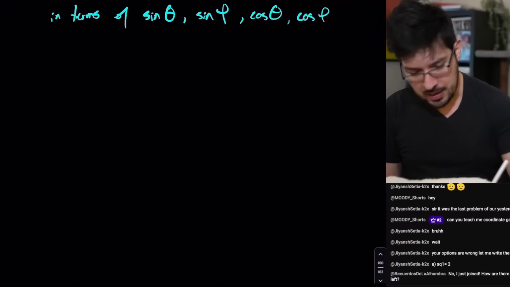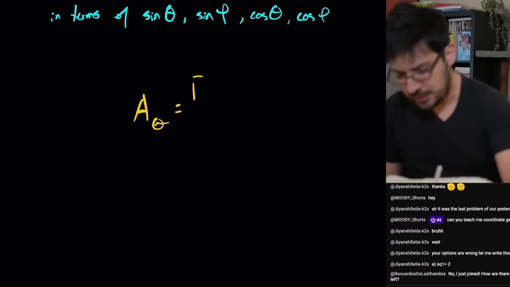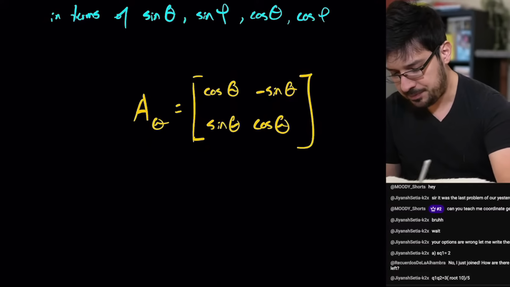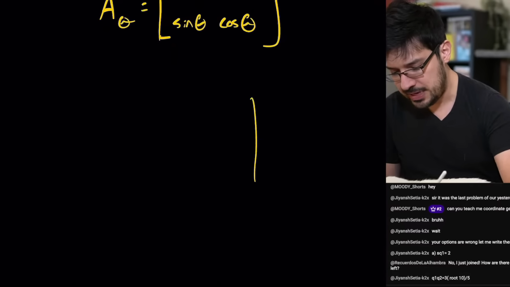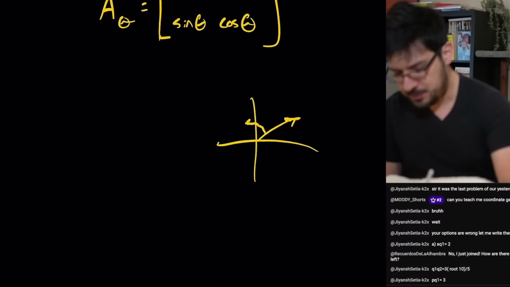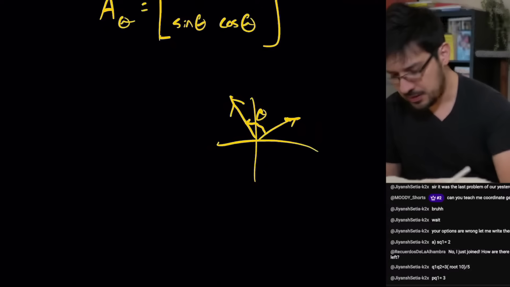So let's recall really quickly that a rotation of the plane can be written as cosine theta, and I'm pretty sure this one is negative sine theta, like this, right? So this would take a vector and rotate it to a new vector v prime.